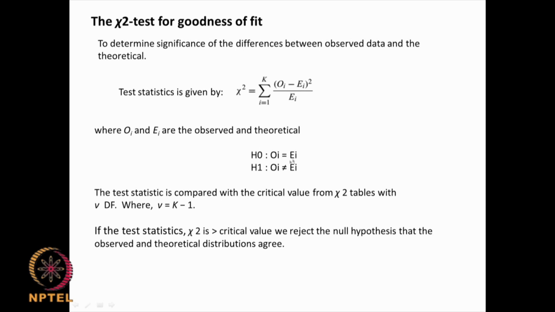The null hypothesis here will be observed is equal to expected, and the alternate will be observed is not equal to expected. Again we look at the degrees of freedom, which will be k minus 1, and if the test statistic is greater than the table or critical value, we reject the null hypothesis.